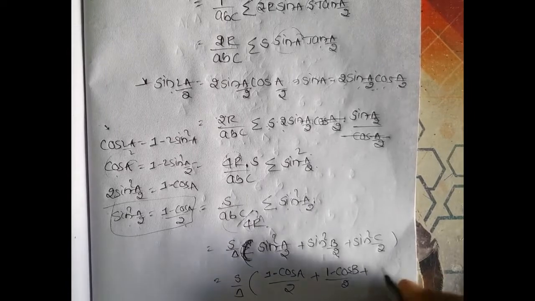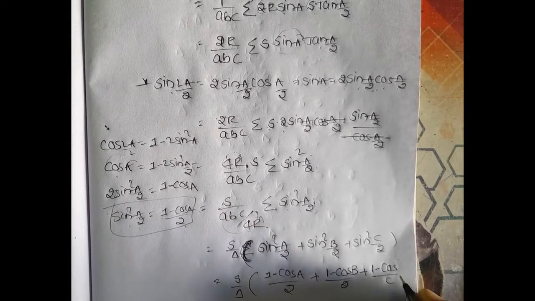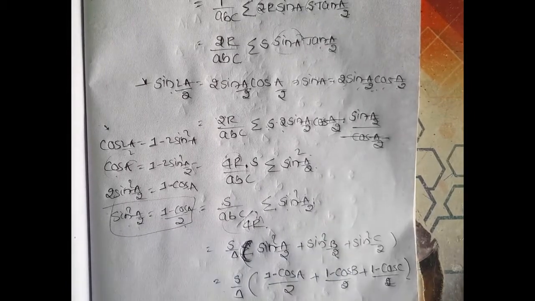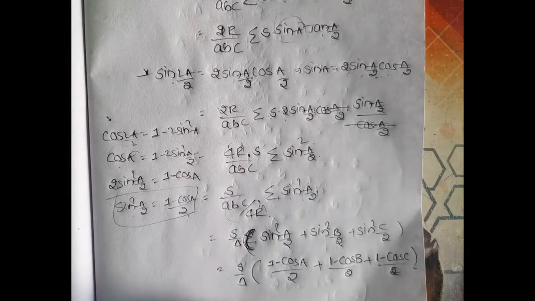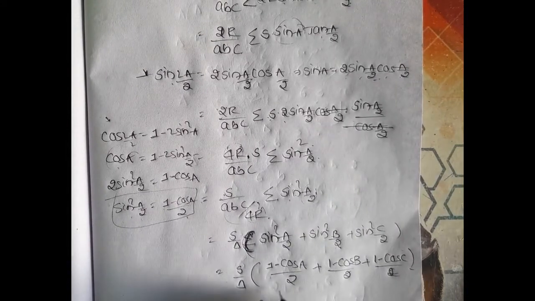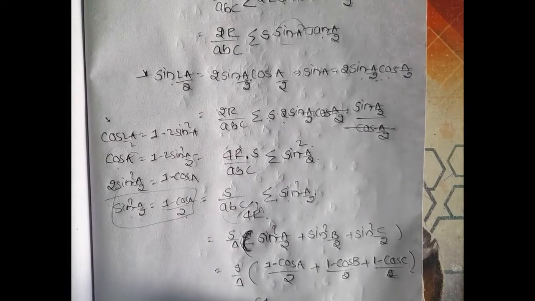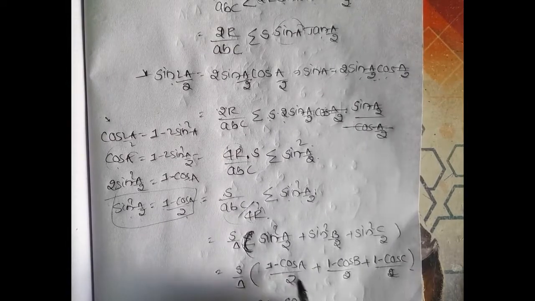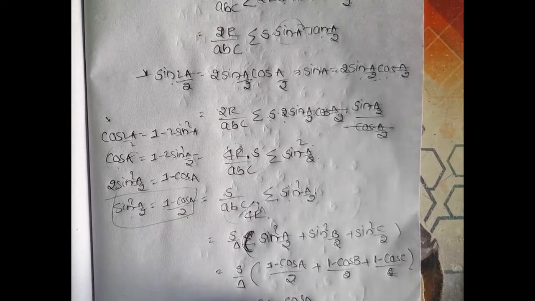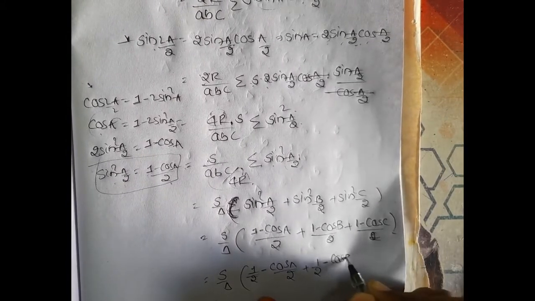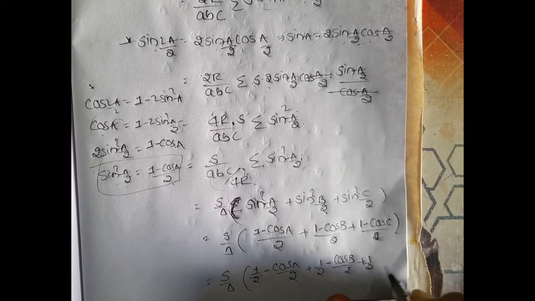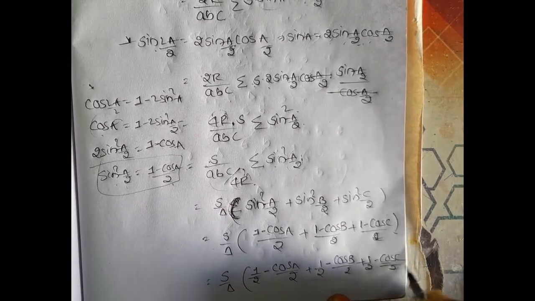And what is sin square C by 2? 1 minus cos C by 2. Okay. So now s by delta. Now we can write a separate 1 by 2 for every term: 1 by 2 minus cos A by 2, plus 1 by 2 minus cos B by 2, plus 1 by 2 minus cos C by 2.